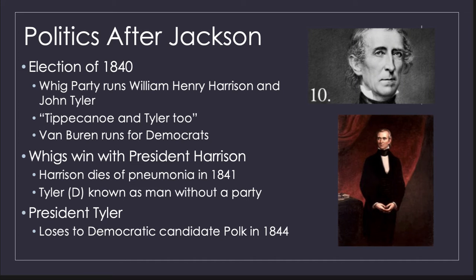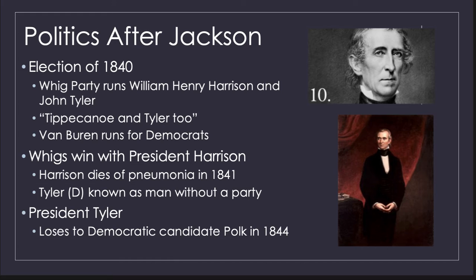In the election of 1840, we are going to have the Whig Party. The Whig Party is going to run William Henry Harrison, a war hero from the Battle of Tippecanoe. If you remember this battle, this is where we fought the Native Americans who were trying to get together and create an armed resistance against the United States.